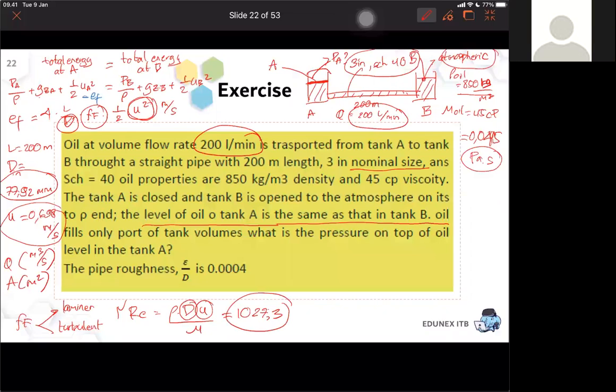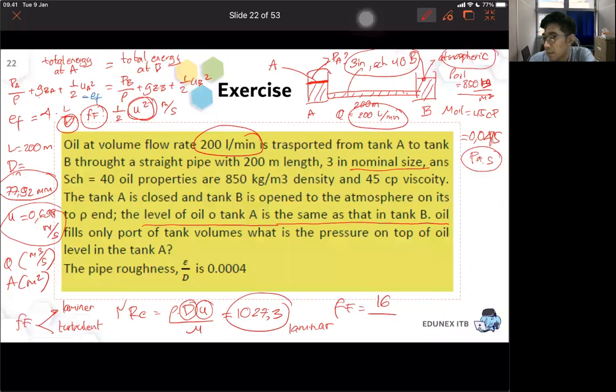It should be laminar, sir. Laminar, right? So the friction factor should be this one. You can calculate the value and then calculate the EF. Okay, can you do the calculation? Calculate the friction factor and then put the friction factor into the EF calculation.